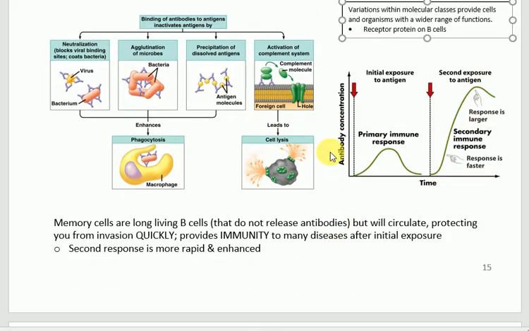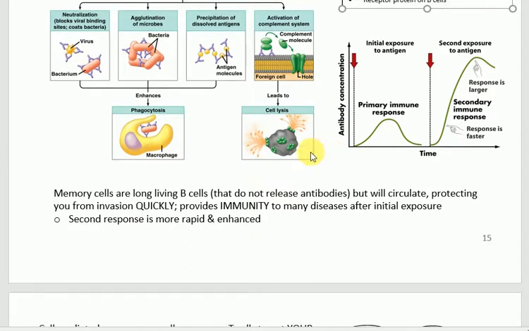So that's why these cells are so important. So the memory cells of the B cells, they are long-living B cells. They do not release the antibodies, but they actually circulate and protect you from invasion quickly. So it's going to provide immunity to many diseases after that initial exposure. And as we talked about, that second response here is going to be much more rapid and enhanced.